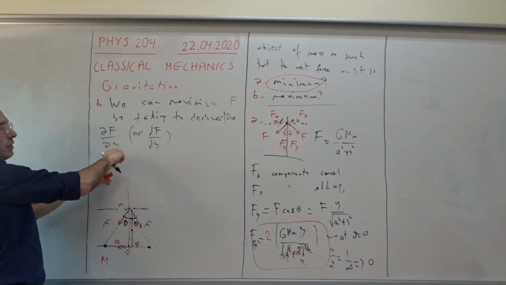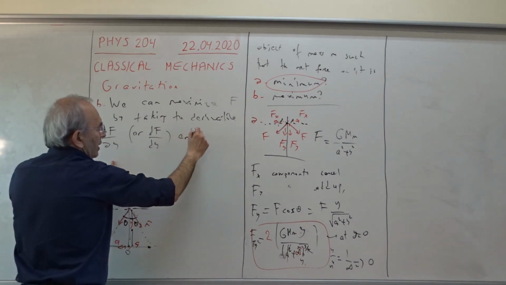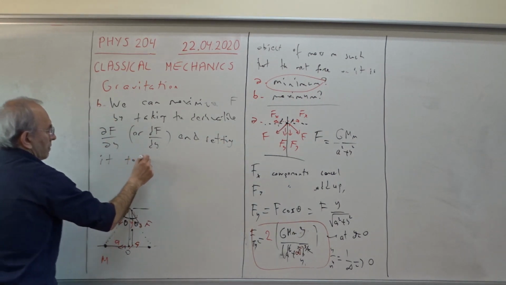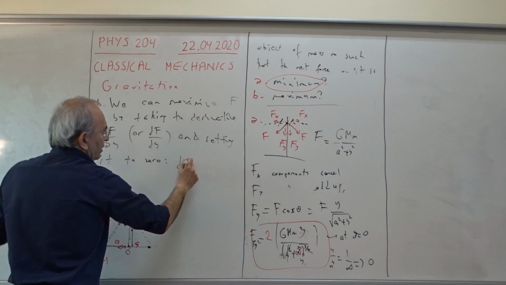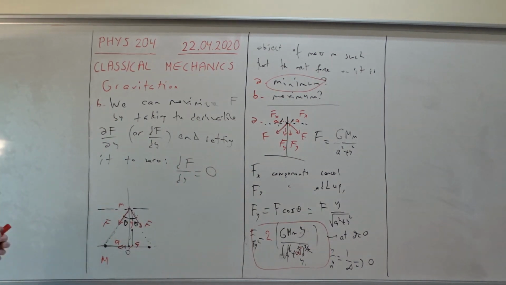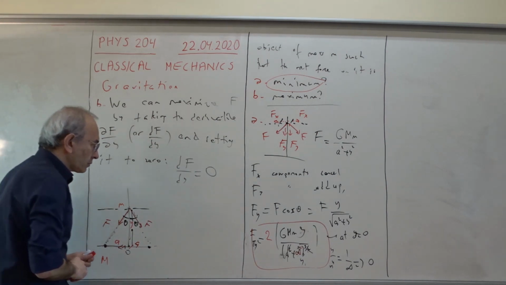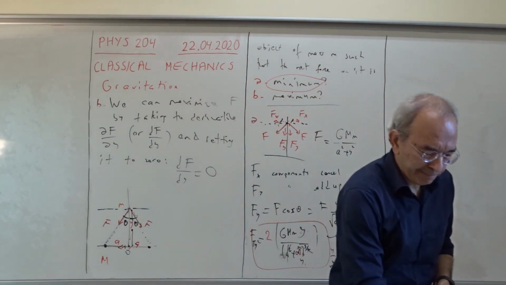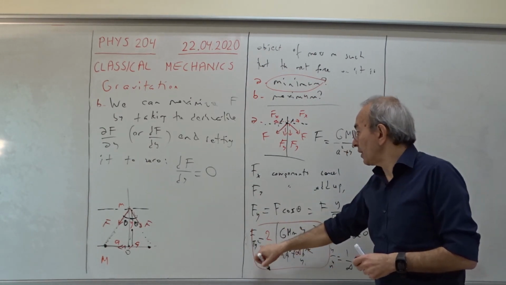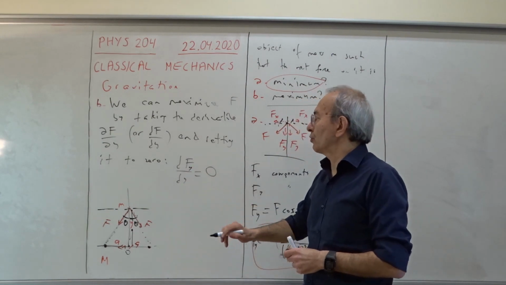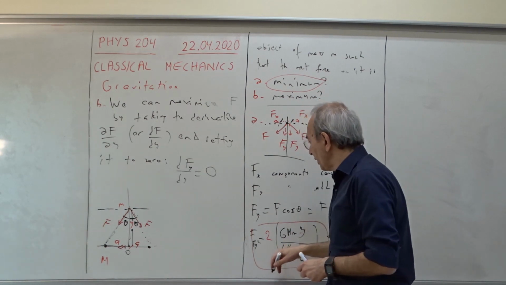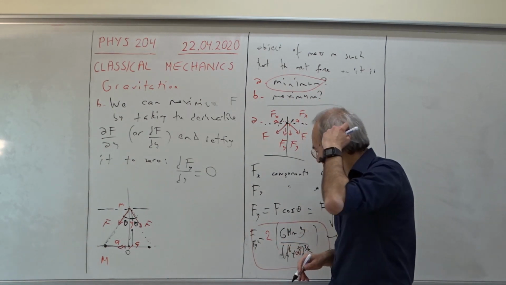By taking the derivative and setting it to 0, so that we take df by dy and set that ratio to 0. And f is this. We consider the y component, of course. Anyway, there is no x component, it is the y component. So if you take this derivative and set to 0, we will get it.